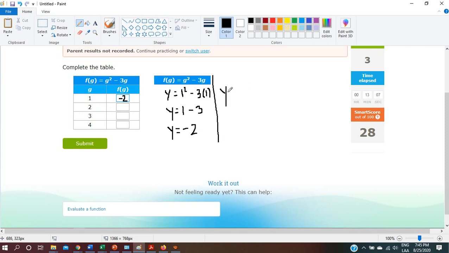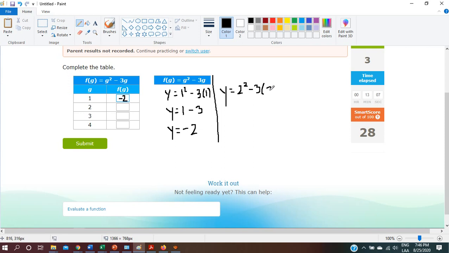Okay, y equals g squared minus 3g. What is the value of g? Now the value of g is 2. So when g is 2, how much is y? Okay, so g, which is 2, is squared because here is the square right here, minus 3 that multiplies g.